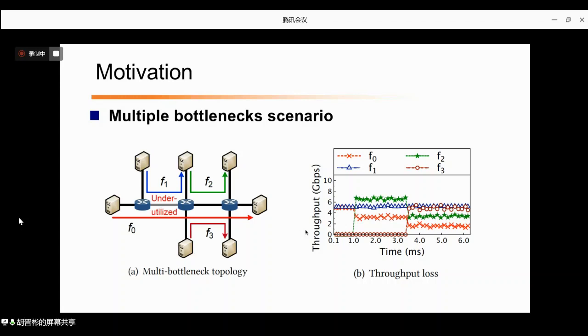Since flow 1 is not able to increase its sending rate to grab the spare bandwidth released by flow 0, this results in the first bottleneck link utilization dropping by about 33%.